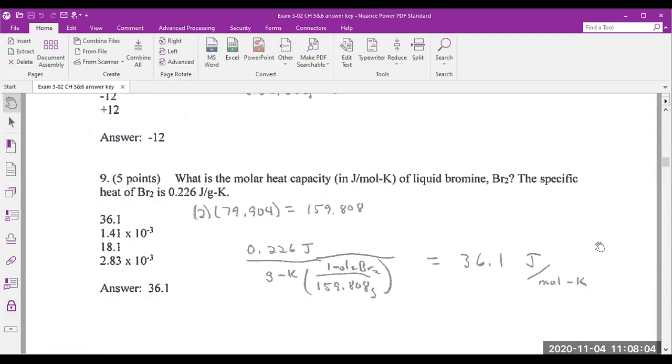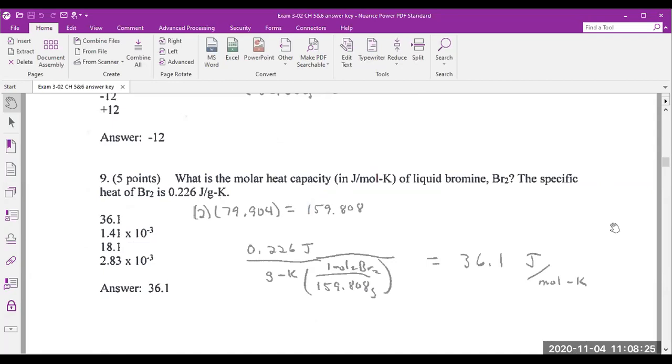Number 9, what is the molar heat capacity of liquid bromine, Br2? And you're given the specific heat of Br2 is 0.226 joules per gram Kelvin.